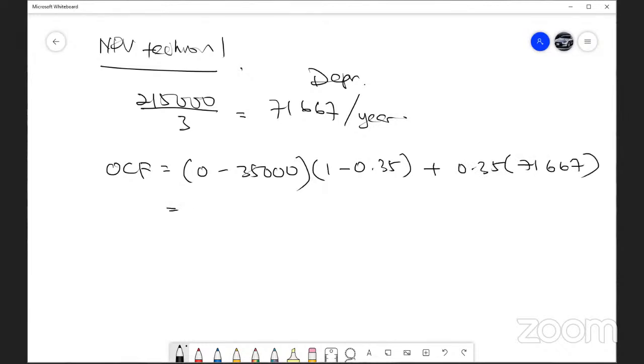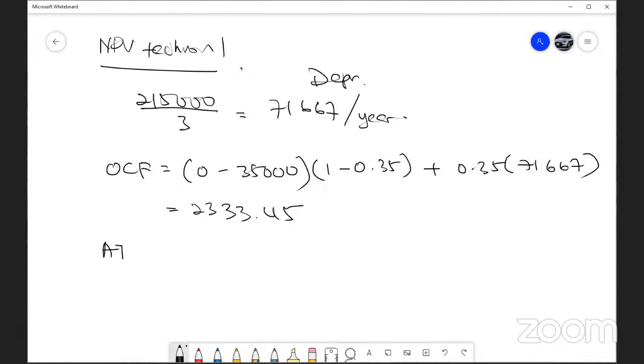Your operating cash flow here for the 3 years is 2,333.45. So what is the after-tax salvage value?